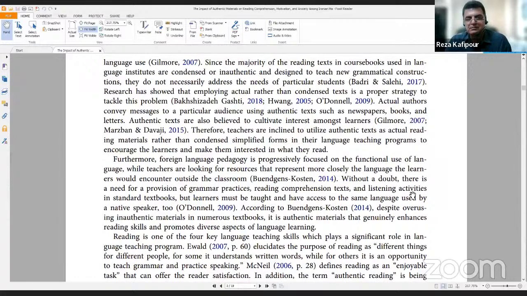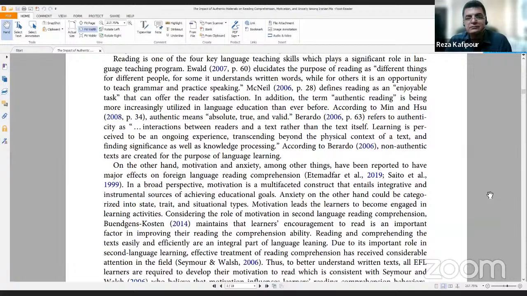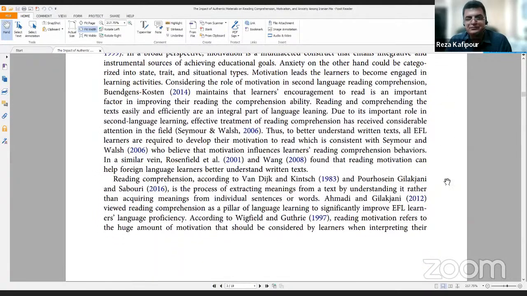Would you please go to next paragraph? Okay. Would you please go ahead? Next page, please.